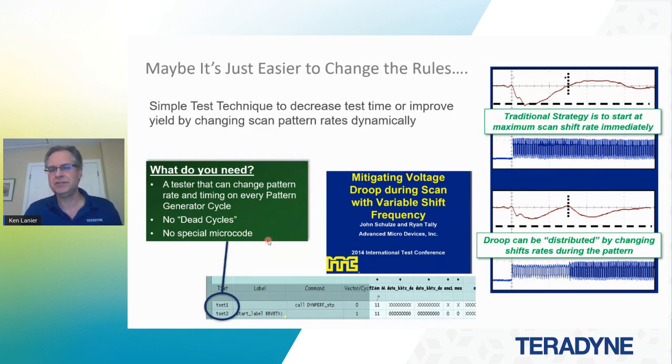Not a lot of people take advantage of this. Some do. Some actually bake it into their scan patterns. You can do it by pattern manipulation if you're upstream enough. But this is a cool way to lessen this problem.